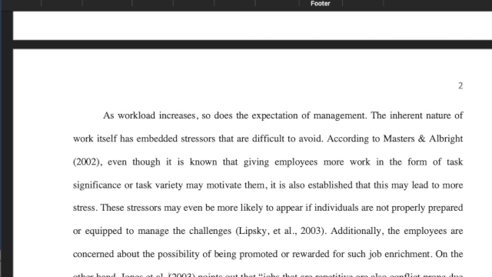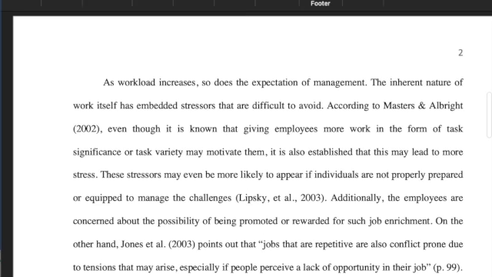Now, let's go a little bit further. If you are giving me a direct quote, meaning you're using the exact words verbatim as it was stated by the author, you need to start that quote in quotation marks, like we have here, and then you need to end the quote in quotation marks.